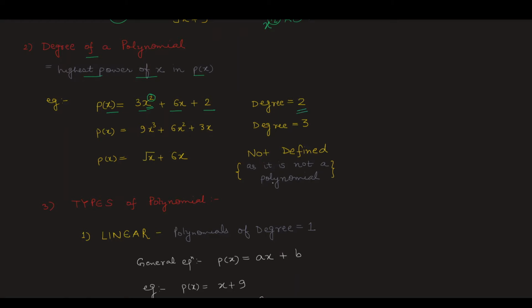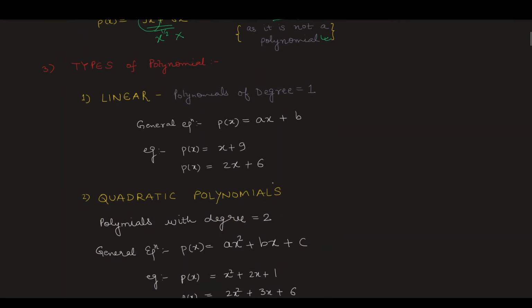In this case 3 is the highest power of x in this p(x), so its degree is 3. In this case degree is not defined as this is not a polynomial because of this thing, x to the power half, so its degree is not defined.